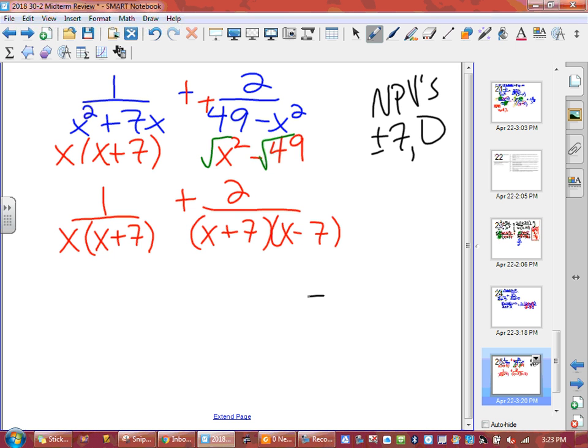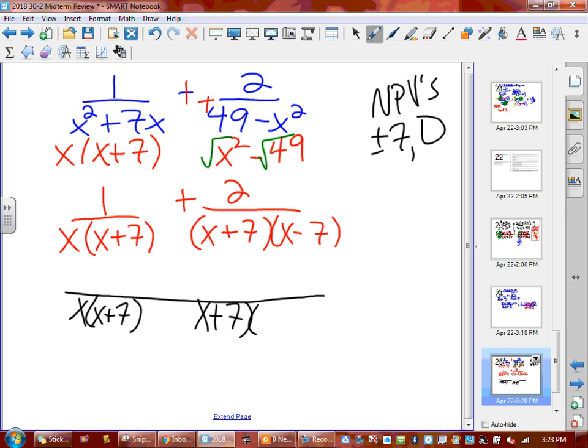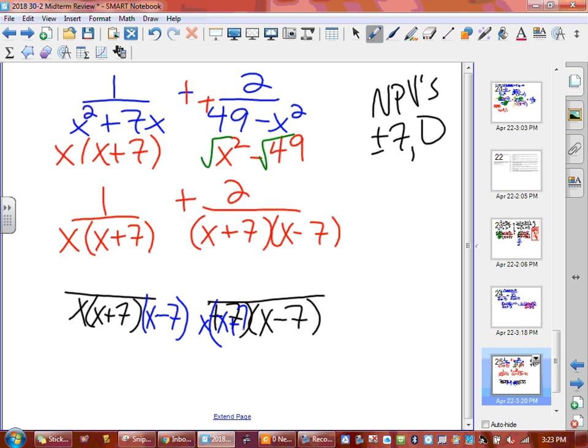Our common denominator is going to be x plus 7, and this one needs an x, this one needs an x minus 7. So it's going to end up being a little bit messy, but that's okay. So an x minus 7, and this one needs x, with x plus 7.